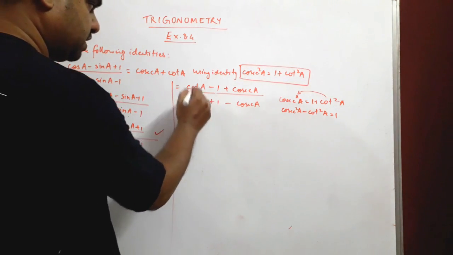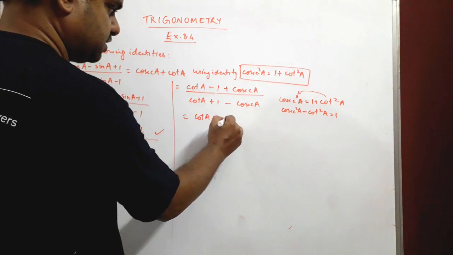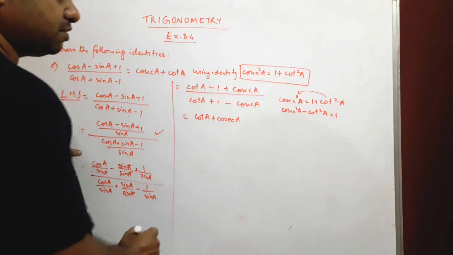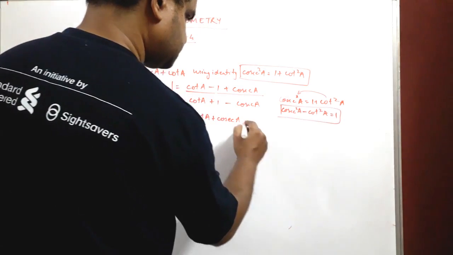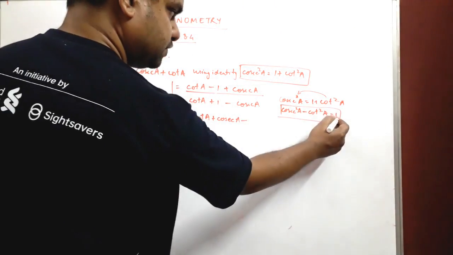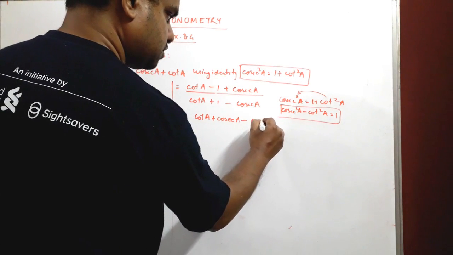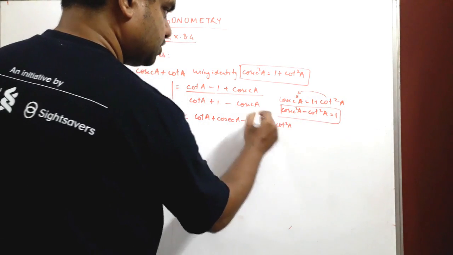So I'll put down the cot A and take the cosec A separately here, and in place of minus 1 I'm going to put this down. The minus sign I'll keep outside, and instead of the 1 I'll put cosec square A minus cot square A, because that's what we are asked.